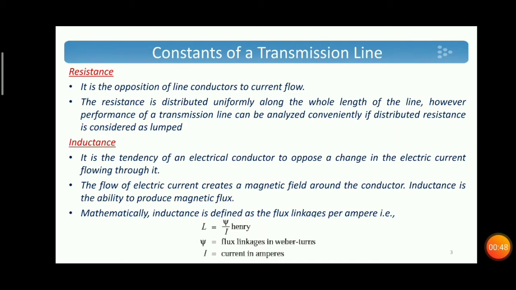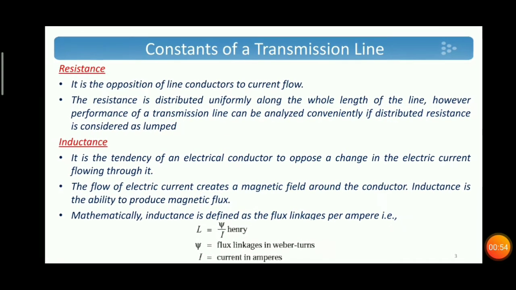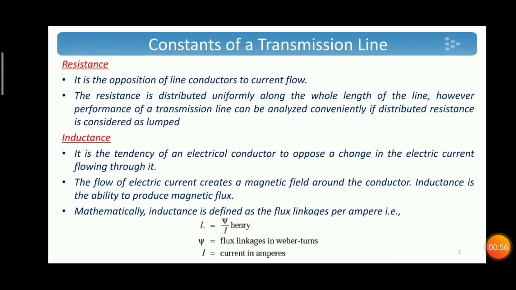So, first we can move on to constants of transmission line. We know that any electrical network can be represented by linear constants like parameters like resistance, inductance and capacitance. Resistance, inductance and capacitance are the linear parameters of the system.